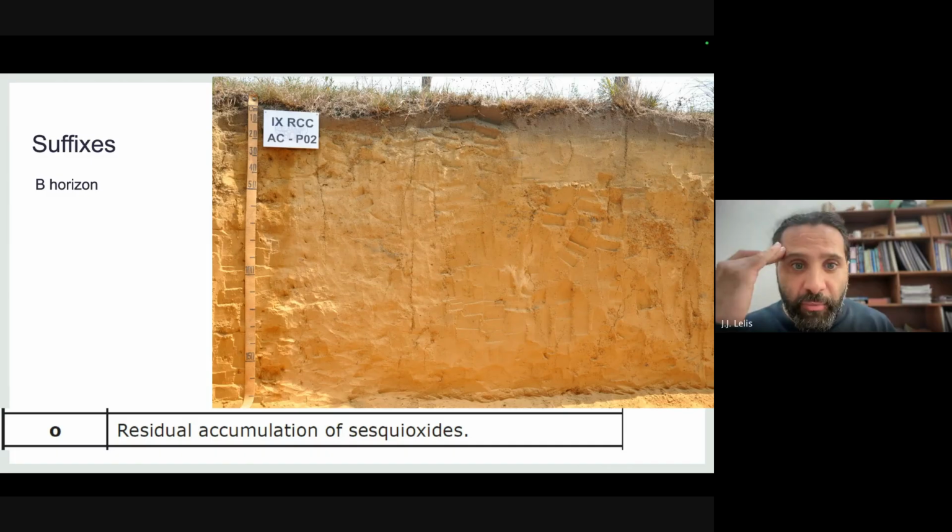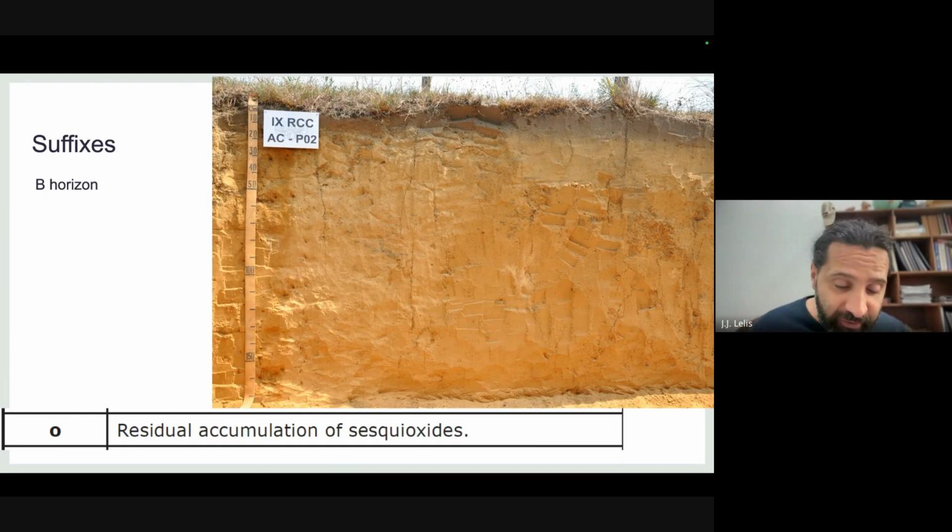This suffix is one of the most common and easiest. It's the O suffix. It's only used for B horizons, and in this case it expresses residual accumulation of sesquioxides, or basically iron, aluminum, titanium and manganese oxides. So when you have deep weathering and deep leaching, you start to destroy the 2-to-1 minerals, and sometimes even the 1-to-1 minerals.